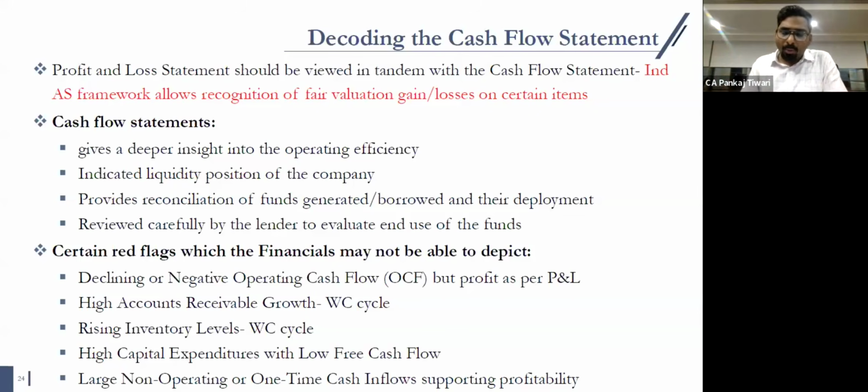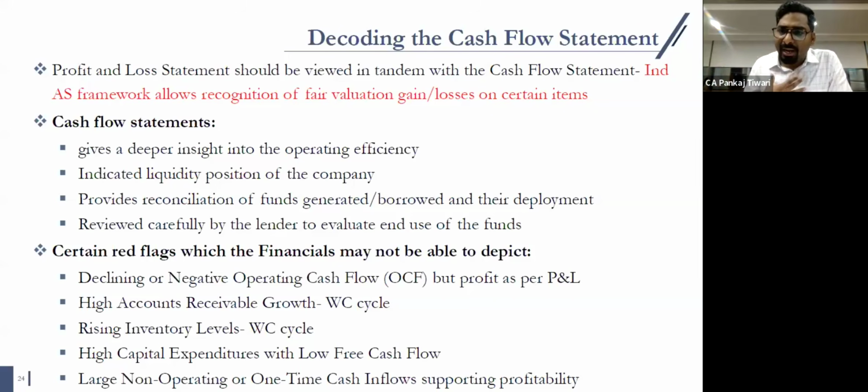These are some of the basic red flags which one can identify from reading the annual report. Now, as I said, my friend, for me, the cash flow statement has become all the more relevant today as compared to any time in the past. Because currently many of the listed entities where people potentially make an investment are reporting under Ind AS. And under Ind AS, you have a very different set of accounting, which is recognizing fair valuation gains or losses on certain items, wherein there is a notional income which is getting recorded in the P&L account and in the balance sheet as well.